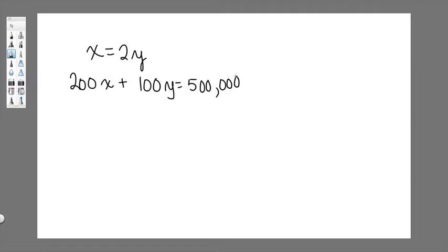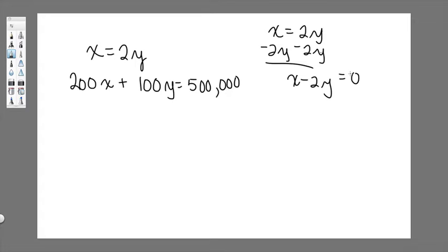So the first thing I have to do is make this in the same format. So I'm going to take this first equation and move the 2y over. So I get x minus 2y, and remember 2y and negative 2y equals 0. So there's my first equation now, equals 0.